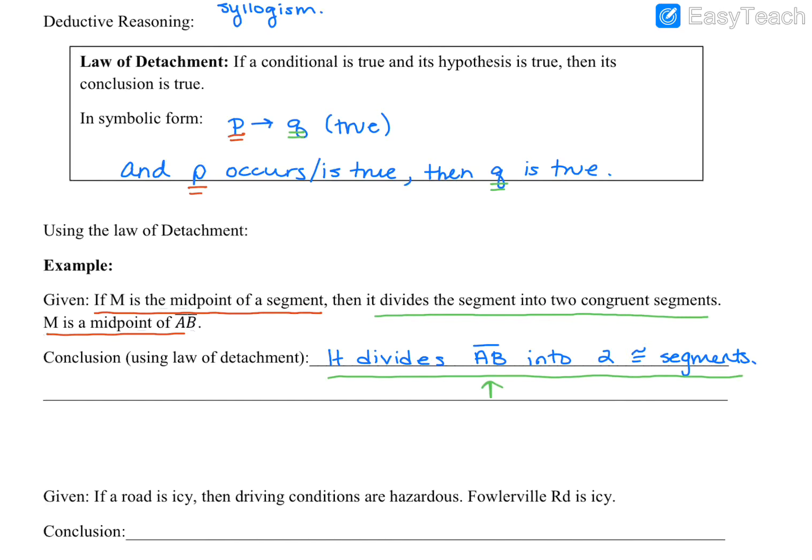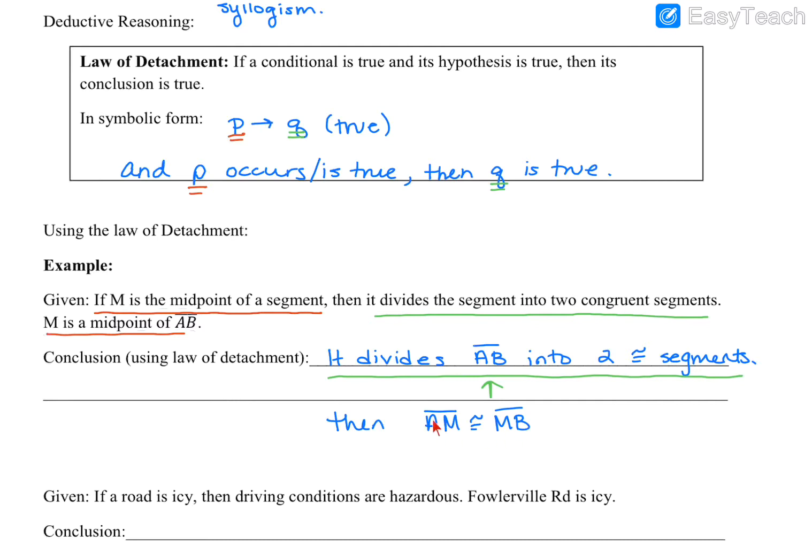Another way you could write this is you could change the format. It would also work. You could say, then segment AM is congruent to segment MB, because you're showing that M is the midpoint, and if AB is divided, then it goes from A to M and then from M to B, and those are going to be two congruent segments.